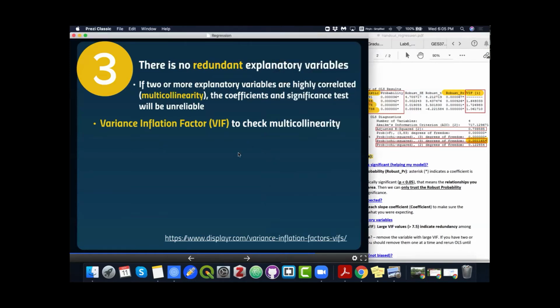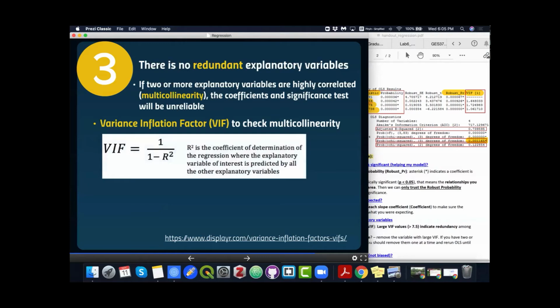This VIF number, the variance inflation factor, will help us check multi-collinearity. It will give us an indicator of maybe some variables being redundant, and that kind of answers Amy's question earlier: if you have a redundant variable, you should just throw out the variable and try the model again.